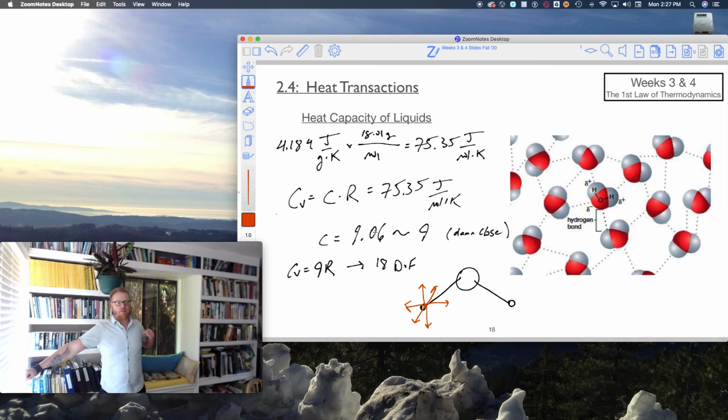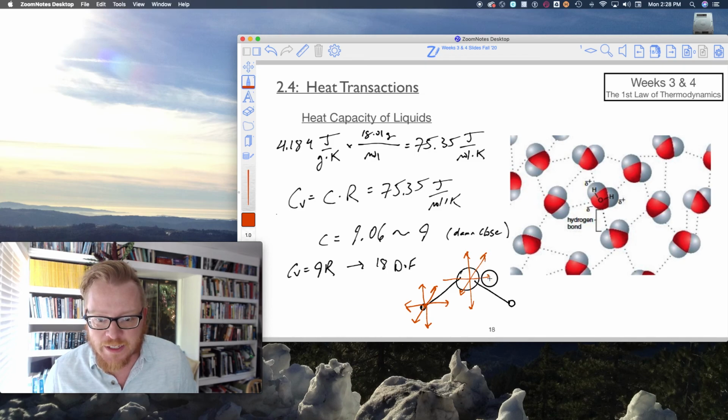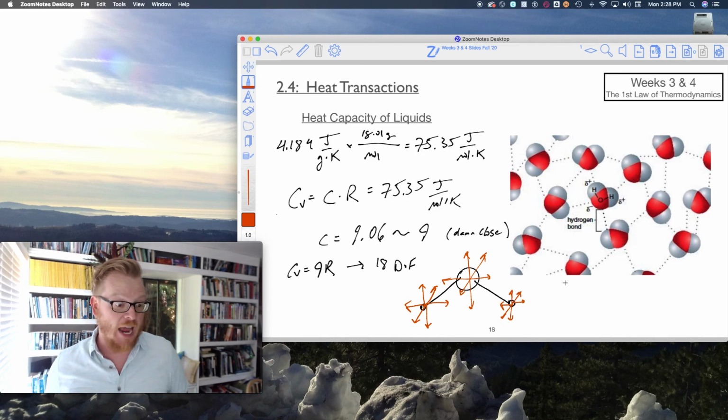We also know it can vibrate like this asymmetrically. We know it can undergo the rocking motion or the bending motion, okay? So all of those give us this three-dimensional coordinate system on each one of these atoms. Each one of these atoms is really free to move forward, backward, left, right, up, down.